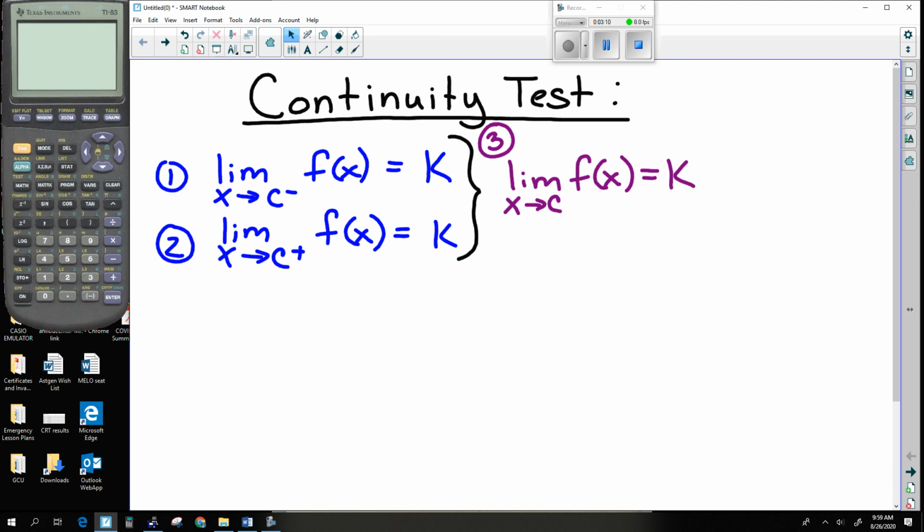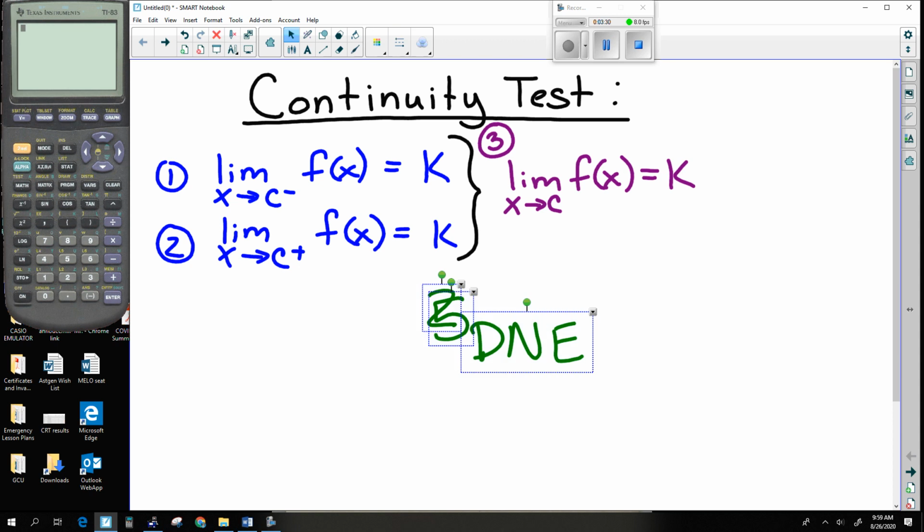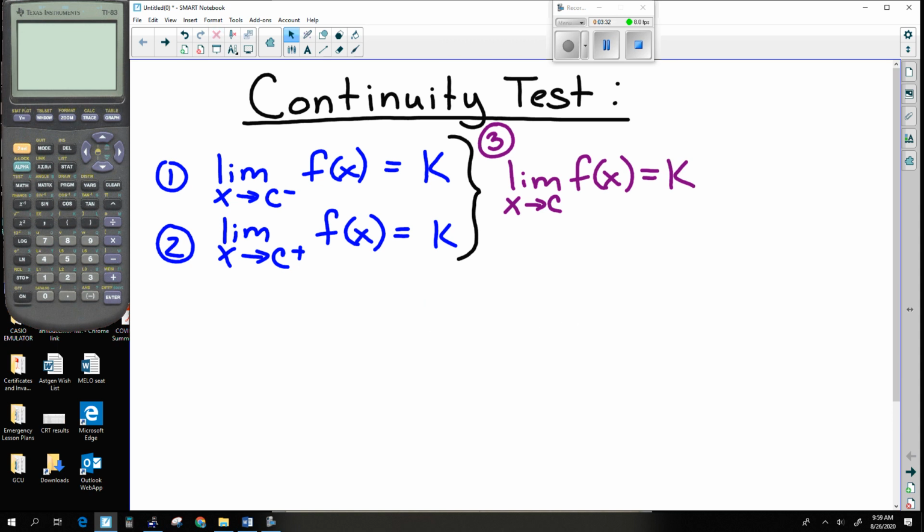However, let's say that this number is 5 and this number is 2, then this limit does not exist. So the limits have to be equal to each other and they have to be equal to the same thing. All right, so the limit exists.